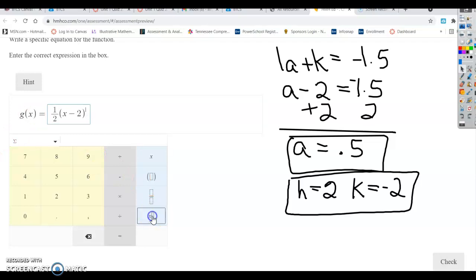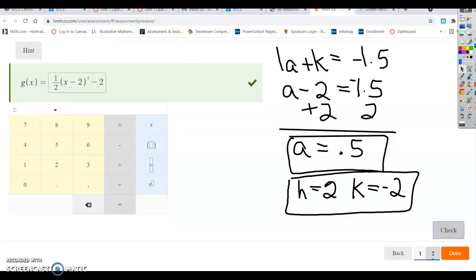Remember, we're looking at a quartic function. And then k, we can see k is -2. So that's going to be -2. We hit check, and that would be the correct equation.